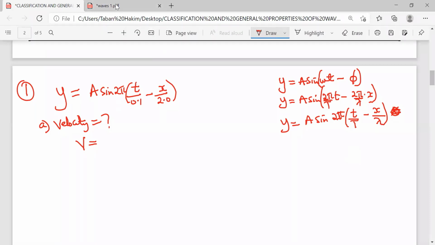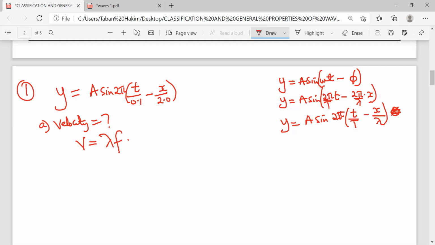It was given as lambda times the frequency. We've gone back to the basics: the wave equation V is always given as lambda times the F.